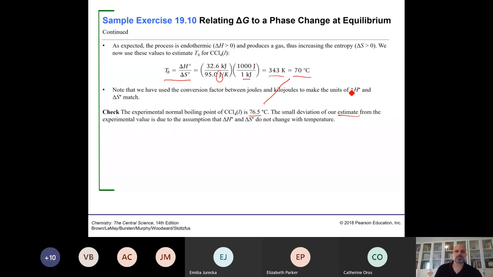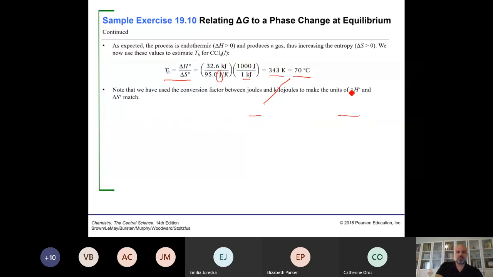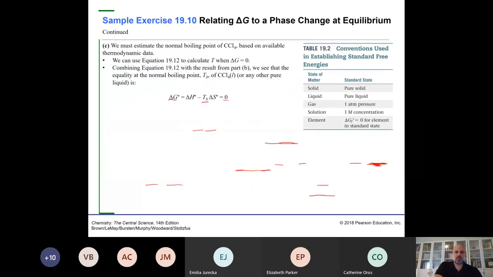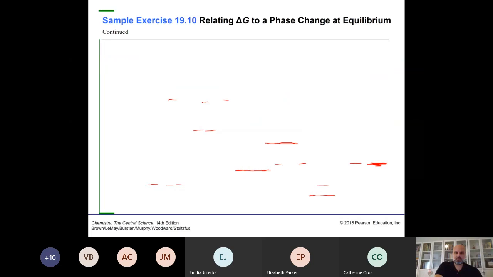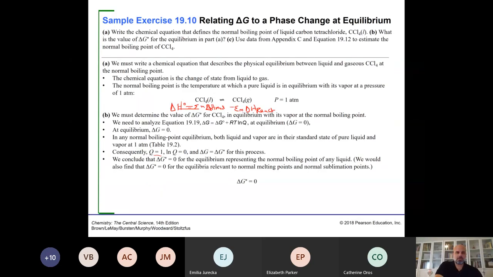Let me go back for 1 second. I wanted to make one point here.